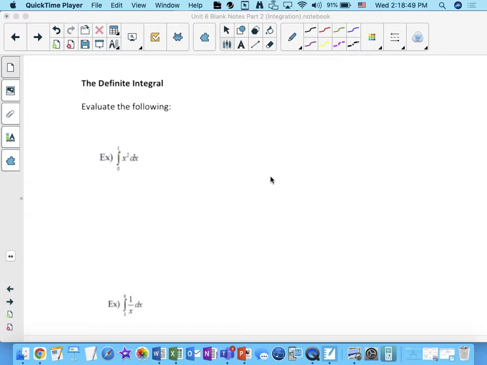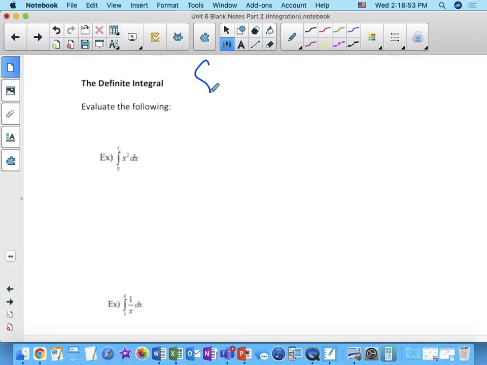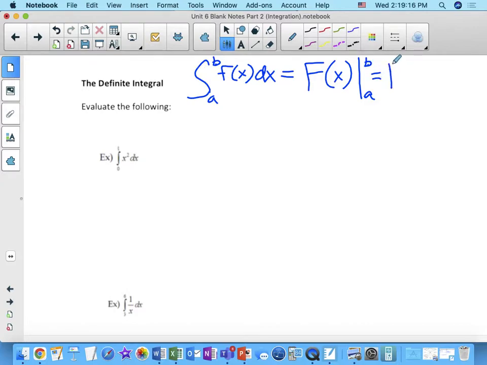So the definite integral. The definite integral, and I'm going to write this down again, just so that I can have it in the video, is defined as the integral from a to b of f of x dx equals, sometimes it's written like this. And what this notation means is F of b minus F of a.